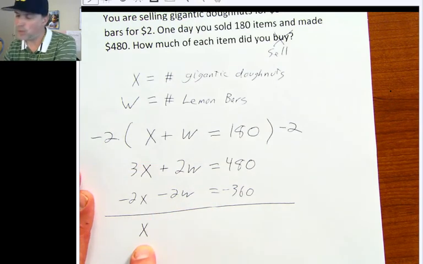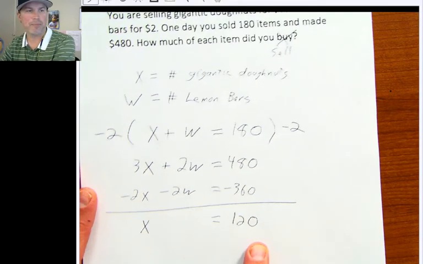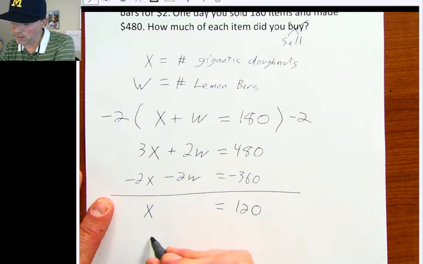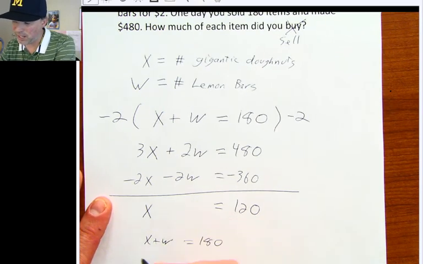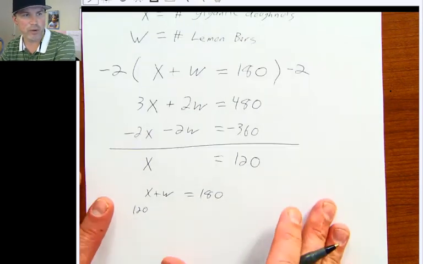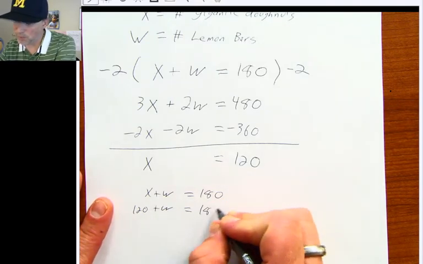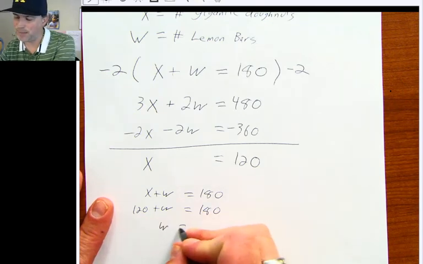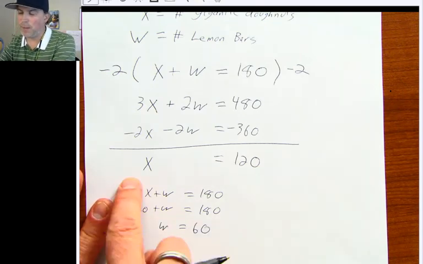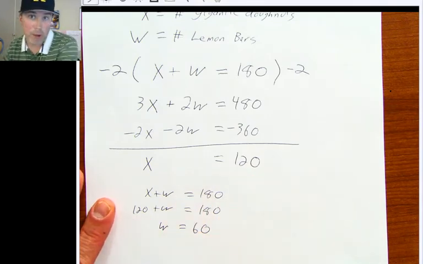I won't even have to do any division. X equals 120. And if x plus w is equal to 180, and x is equal to 120, 120 plus what is 180? That's obviously 60. So x is 120, w is 60, and this is a story problem, so we need to answer our question.